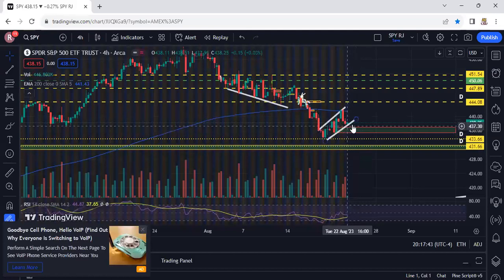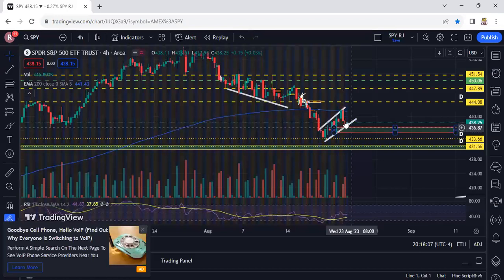So if SPY breaks this bear flag, I am fully expecting SPY to come down to 433. So I already have this notion: okay, if SPY breaks this bear flag, I may be bearish on the market. Boom. Okay. What does SPY need to do to be possibly bullish?